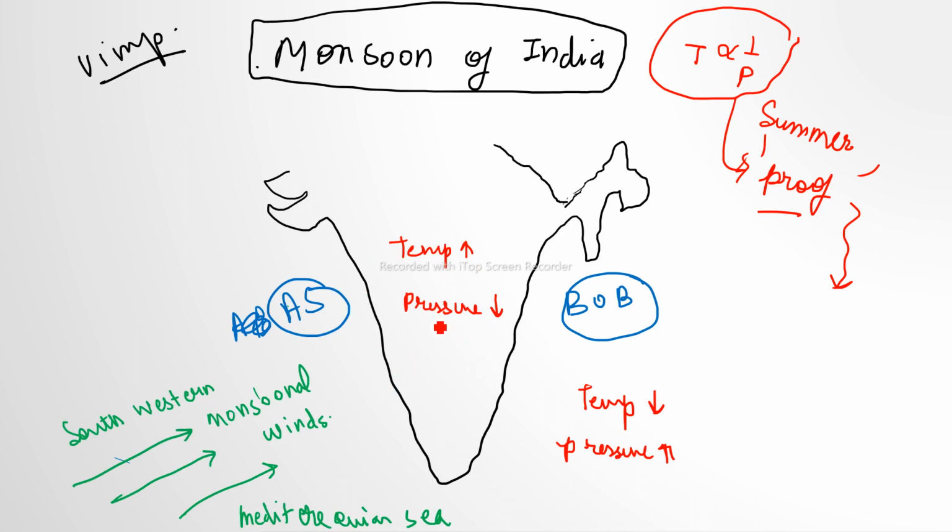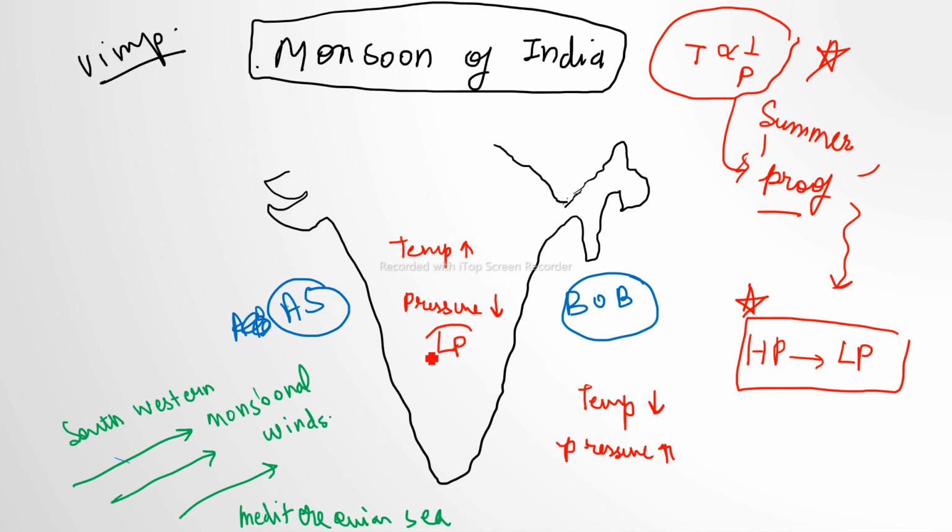Now because the pressure is low here, there is a tendency in the winds to move from the higher pressure towards the lower pressure, and this is the most important thing. These two equations here are going to make the concept much easier. The wind tends to move from high pressure towards low pressure. Now here the low pressure conditions are there on the land, whereas high pressure conditions are there in the water.